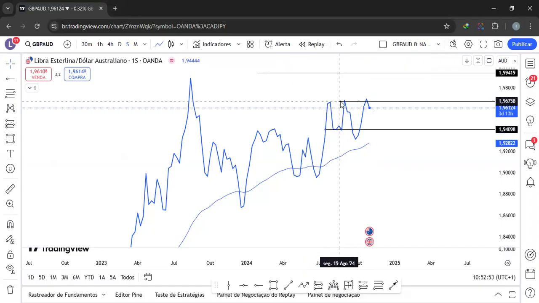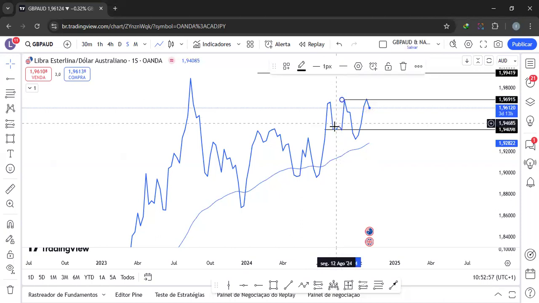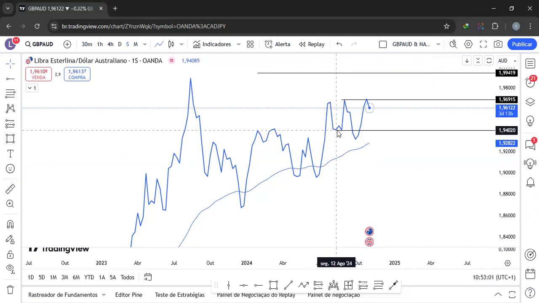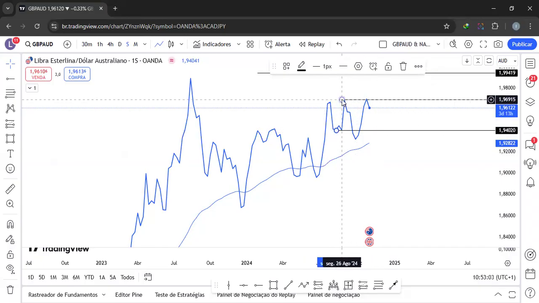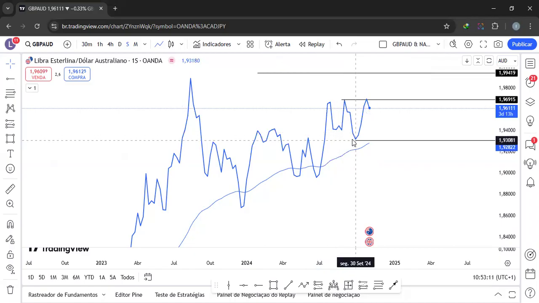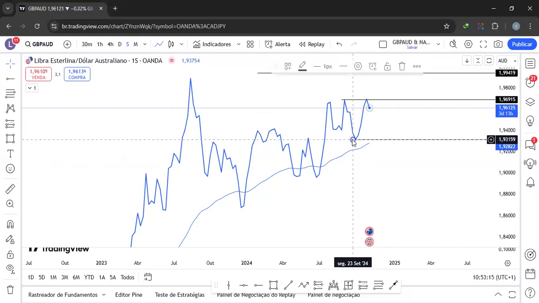After breaking up, it made a new higher high, and made a new lower low over this point. So now, after this higher high and higher low, the market breaks down. After breaking down, it shows us signals that maybe the structure is changing to bearish.